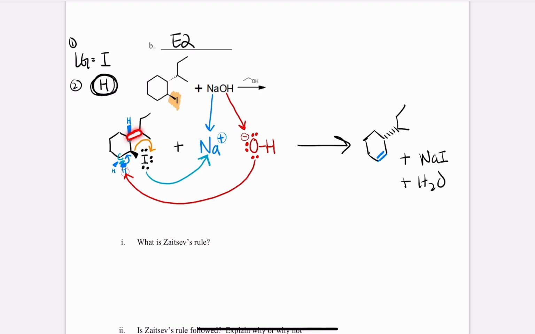If this was also in the same direction as the leaving group, right, they're both shown as, say, a wedge, or both as a dash, it wouldn't matter, but as long as they were the same, then the double bond would actually form towards the substituent, right, between where what left and what's still there, right? But it didn't. It pulled the hydrogen from right here. So the double bond formed away from it.